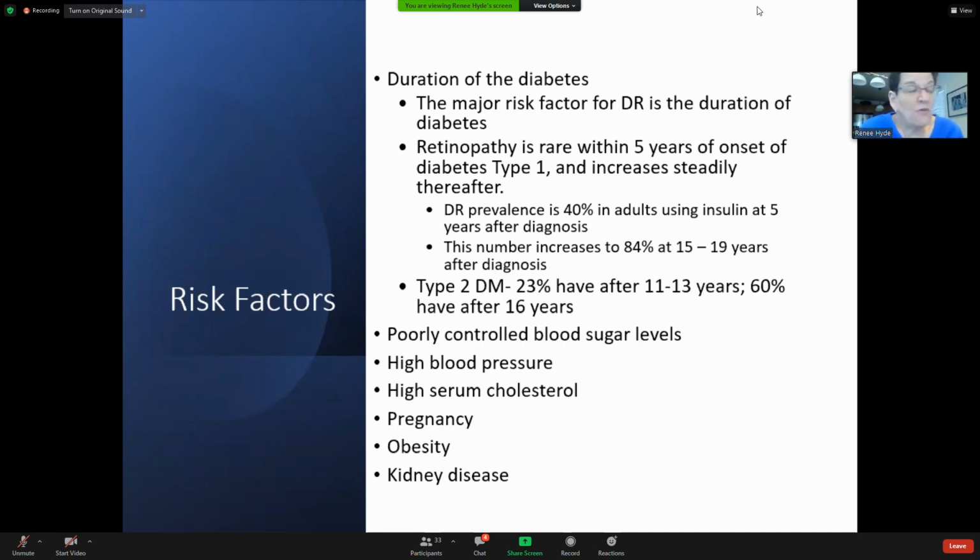So one of the things that you will see is that women that are pregnant that also have diabetes definitely need eye exams every 6 months or more often. Typically, patients that have diabetes should be examined every 6 months because of the risk for diabetic retinopathy. But pregnant women, maybe every 3, depending on what their previous eye exams have shown.